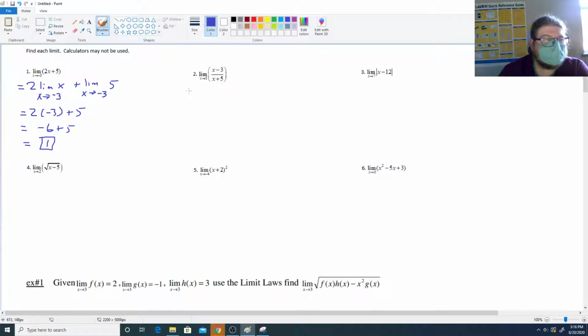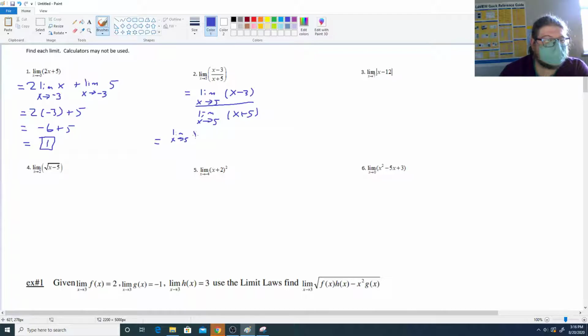For this one, I'm going to use the quotient law to get started. So that'll let this be the limit as x approaches 5 of the top over the limit as x approaches 5 of the bottom. Then I can use the sum law to break this up.